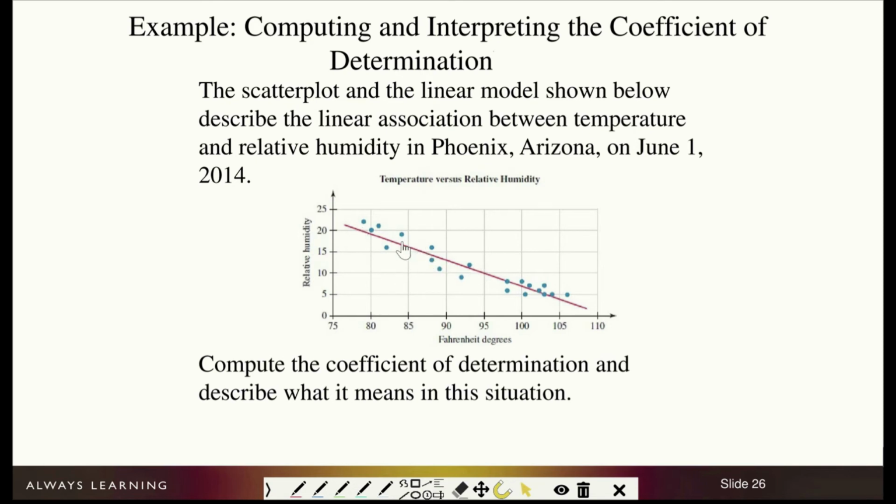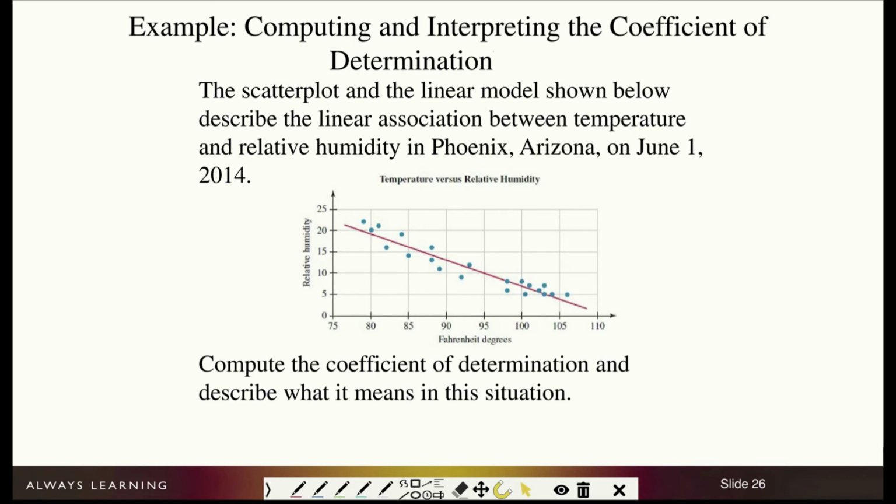So the association seems to be negative and strong. In other words, the higher the temperature, the lower the relative humidity, which makes sense, because the humidity evaporates with the higher temperatures, at least in certain parts. If you're far enough away from the ocean, that happens.